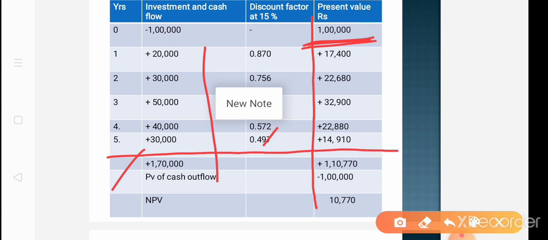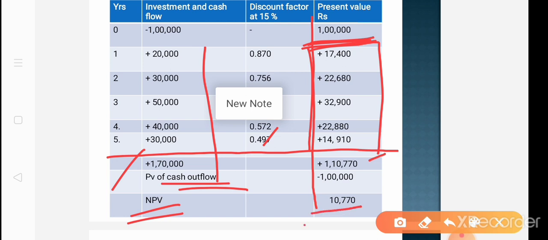When we add all the inflows, we will get 1,10,770. Then we are finding the NPV by deducting the outflow from it. Then you will get 10,770. I think it's clear for you.